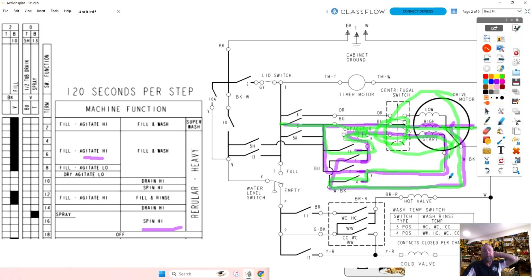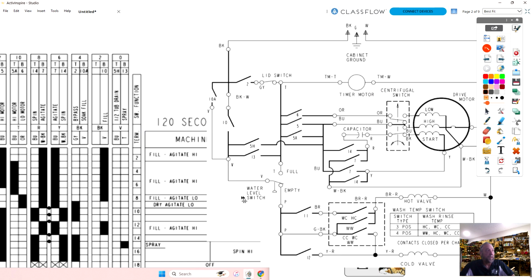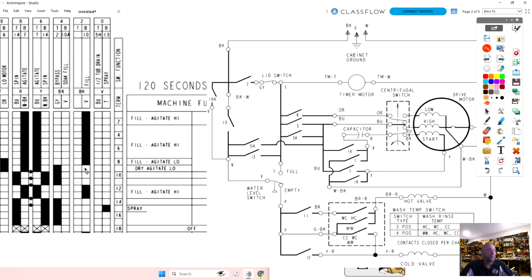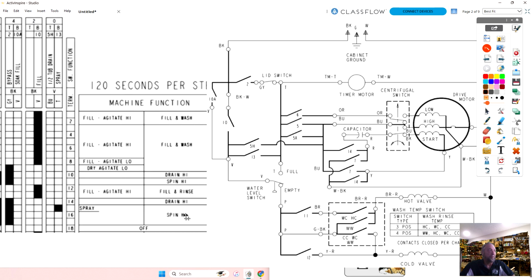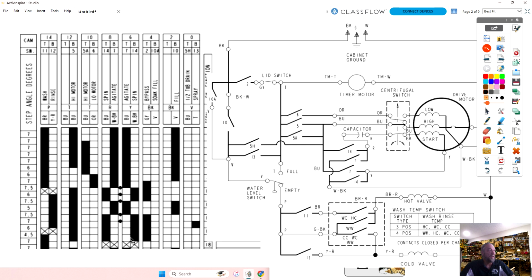Now, Danny, in answer to your question about the lid switch, let's go back to this chart. I'm going to bring up the chart first. Let's go to the spin cycle. I'm going to go to this bottom spin here, and just look at what switches are closed in that cycle, right down here, for example.